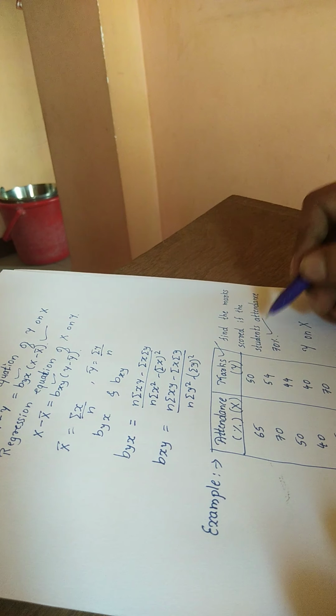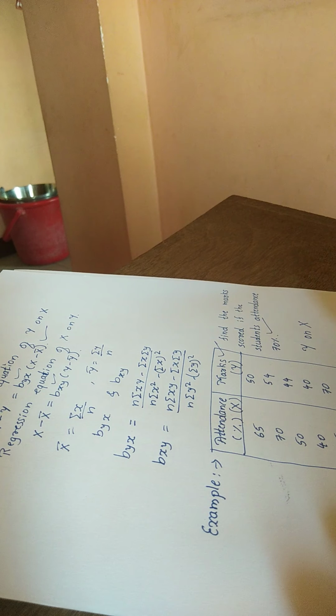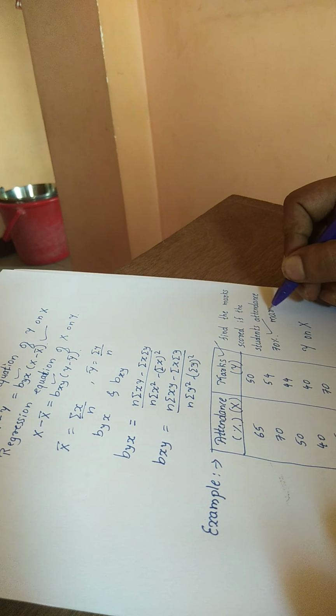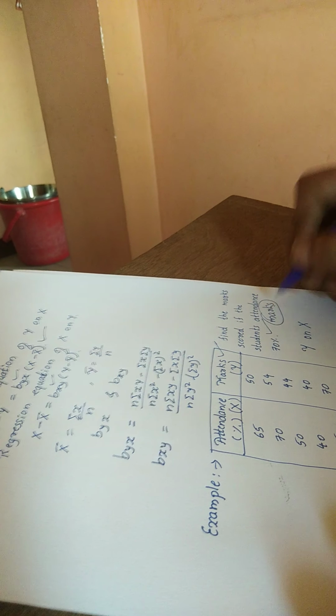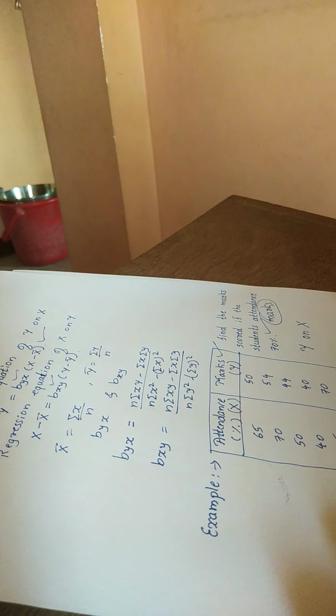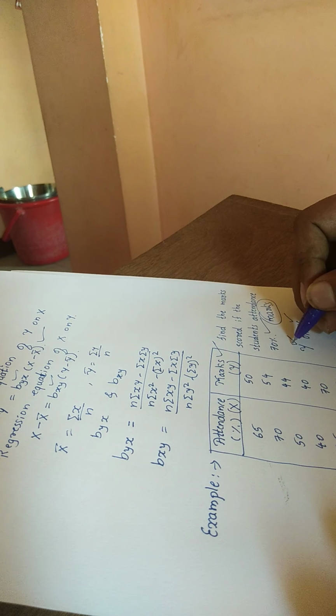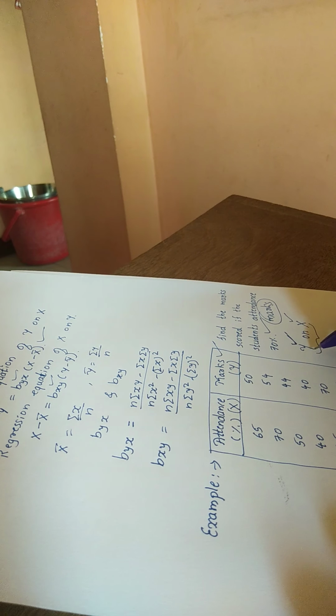They have given the known or independent variable, which is 70%, and we need to calculate marks, that is the dependent variable, y. So they have given x and asked us to calculate y. Clearly, it says that we have to fit a regression model of y on x.